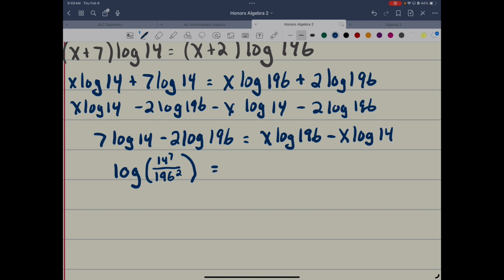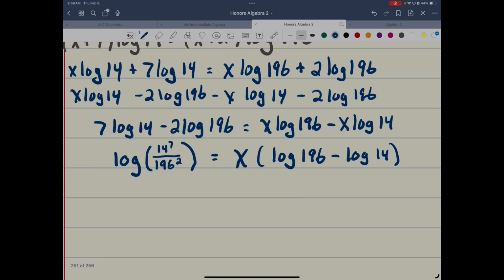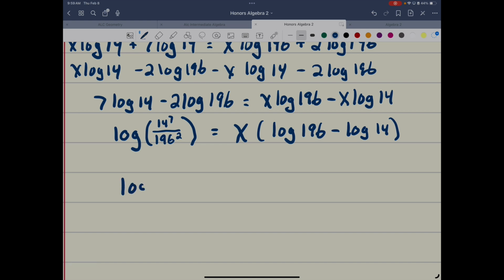Equals. Could factor out an x. So then this leaves us with log of 196 minus log 14. Okay. We're close. So we've got log of 14 to the 7th over 196 squared, divided by what?